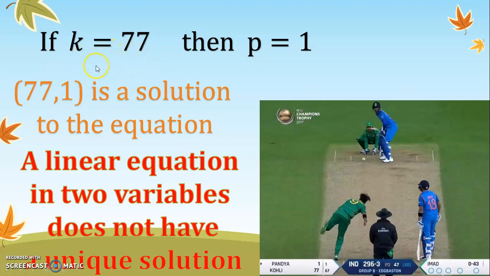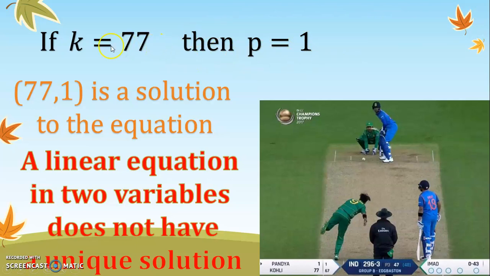Suppose negative runs were possible in a cricket match, and suppose Virat Kohli made -1 runs. Then Hardik Pandya would have made 79 runs, and when you add them together, we get 78 runs.